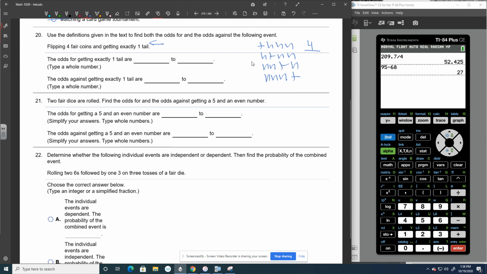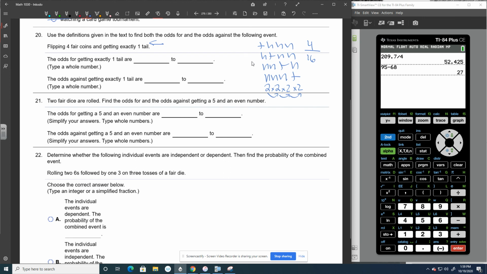Out of how many possible coin flips? I don't want to list them all, but I can cheat. I know that there's 2 possibilities, a heads or a tails on my first flip, and then 2 possibilities on my second, and then my third, and then my fourth. So I can do 2 times 2 is 4, times 2 is 8, times 2. There are 16 different possibilities if I flip 4 coins.